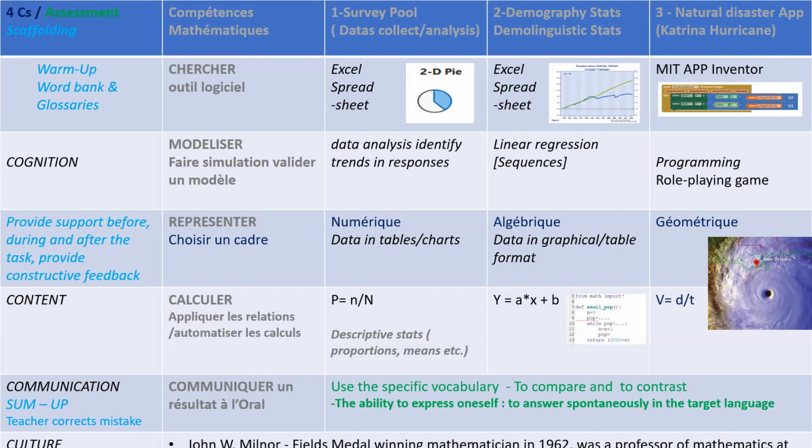So, aware of the hurricanes that hit Louisiana, thanks to the research, students can create a smartphone application via MIT App Inventor, which is a United States platform, so culture, that will allow us to warn and predict natural disasters.